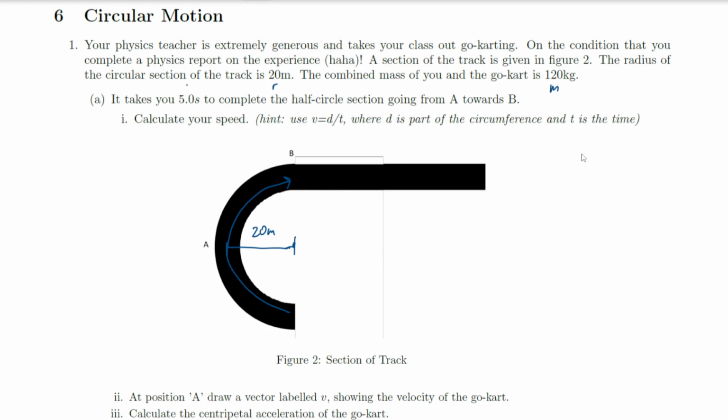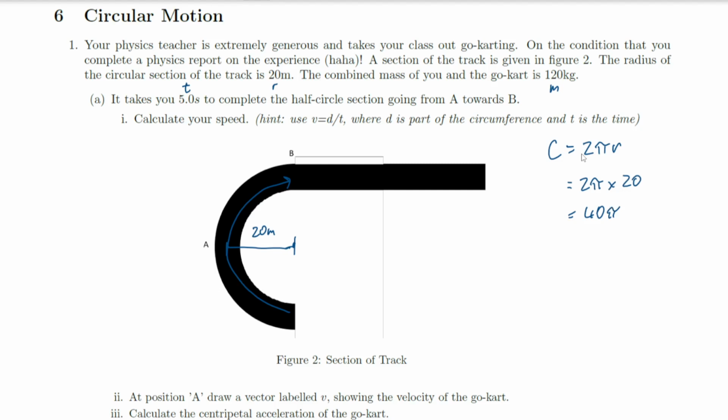And the time is given as 5.0 seconds. So working that out, we recall circumference is 2 times pi times the radius, where we are given the radius. So substituting that in, 2 times pi times 20 meters, or 40 pi.